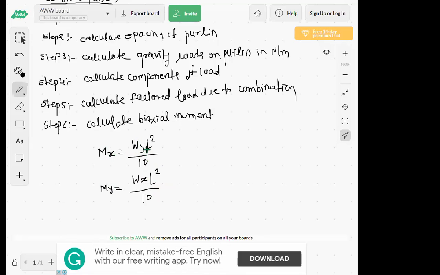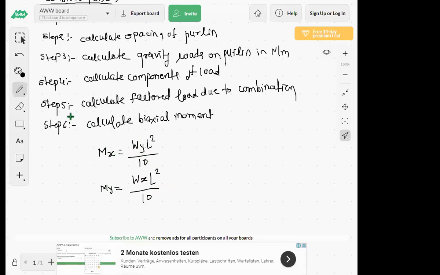Critical load we have found out from step number 5, critical load in x direction and critical load in y direction. So the y direction load we have to use while calculating the bending moment in x direction, and x direction load we have to take while calculating the bending moment in y direction. So these are the two formulas we have to use for the calculation of the biaxial moments, that is Mx and My.